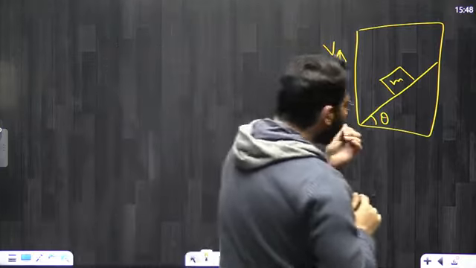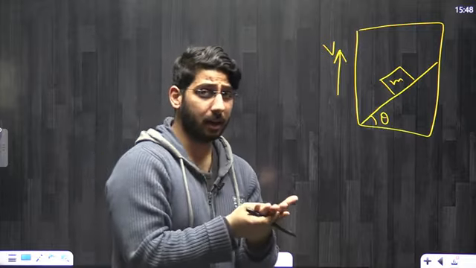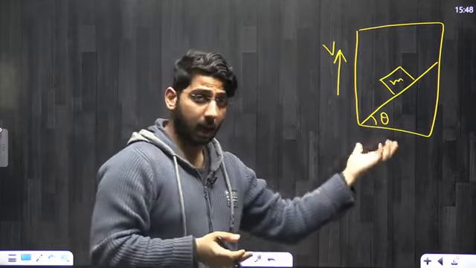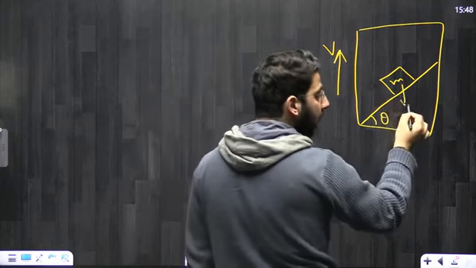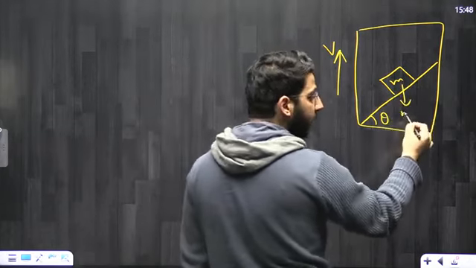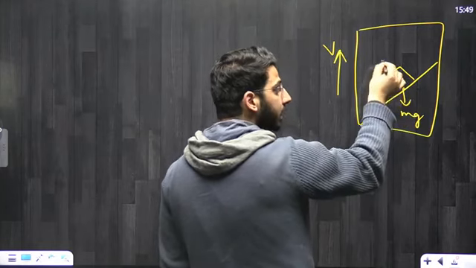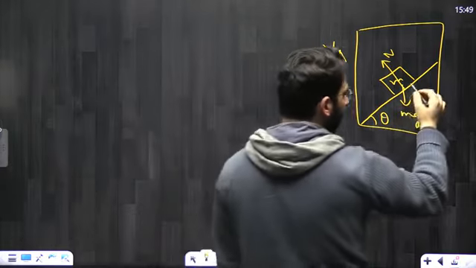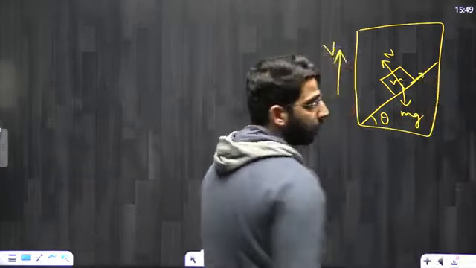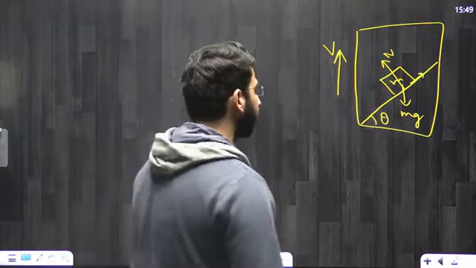So the question is, how many forces are acting? The first thing is, obviously, if it's mass and it's in the gravitational field, there will be mg force downwards. And if there is a surface and they are in contact, there will be the normal force. And let's suppose there is a frictional force here, because the mass is standing on the incline.